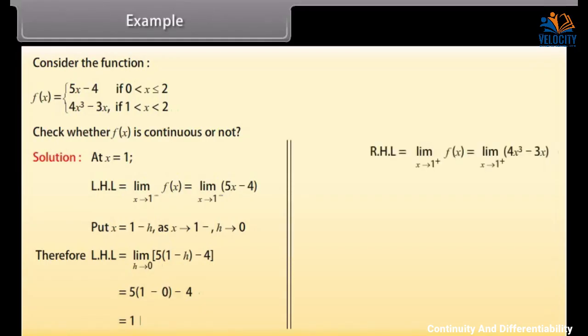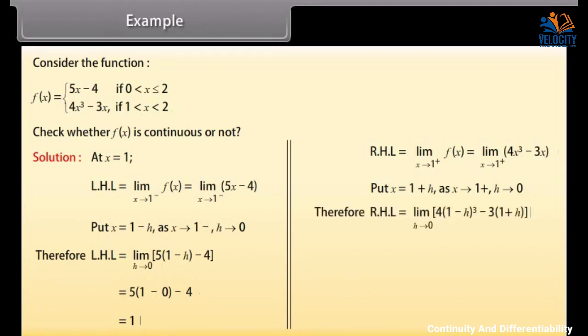Right-hand limit is equal to limit x approaches 1 plus of f of x, which is equal to limit x approaches 1 plus of 4x cube minus 3x. Put x equal to 1 plus h, as x approaches 1 plus, h approaches 0.